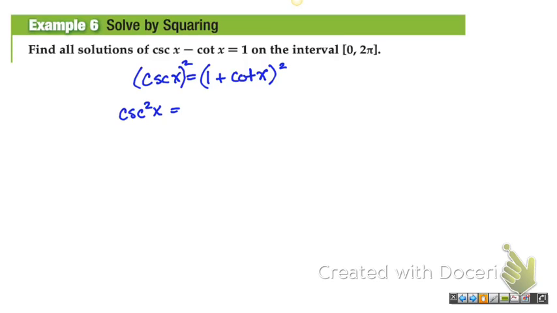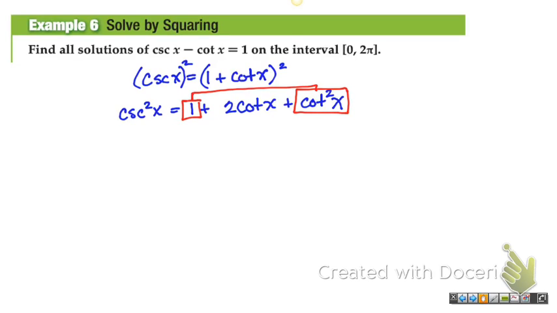Cosecant squared x equals 1 plus 2 cotangent x plus cotangent squared x. Hopefully you recognize that 1 plus cotangent squared x, in other words, this guy plus this guy, equals cosecant squared x. It's one of our Pythagorean identities.